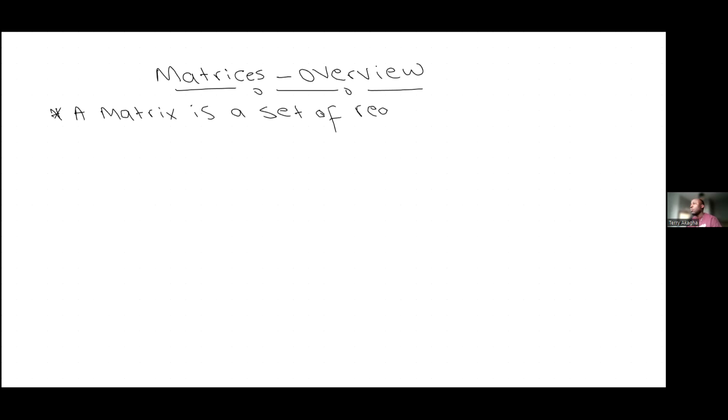So if it's real numbers, it's going to be called a real matrix. Or complex numbers. If you have complex numbers in the matrix, it's going to be called a complex matrix.